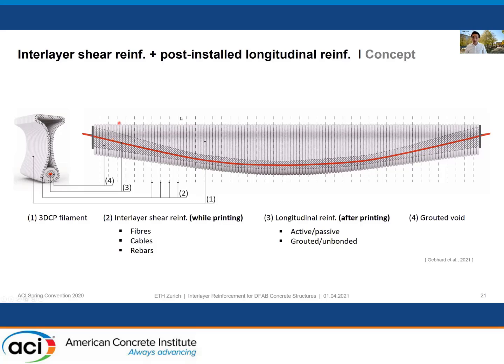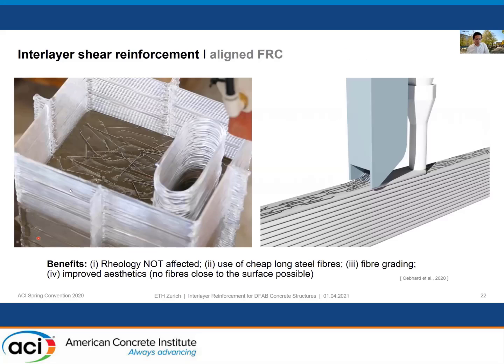So there are several possibilities, but it is important that, for example, the fibers, we are using as shear reinforcement. If we want them to take the main loads, it's quite challenging to have real strain hardening and sufficient ductility with fiber reinforced concrete. So for interlayer shear reinforcement, we started four years ago to ask, what about placing conventional steel hooked fibers on top of a 3D printed layer, or here on the left you see for Excel.